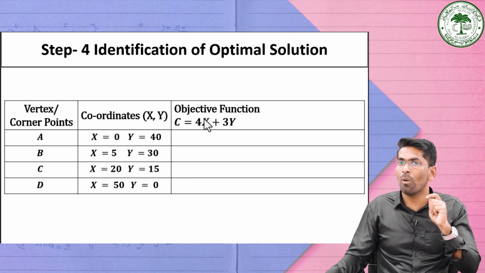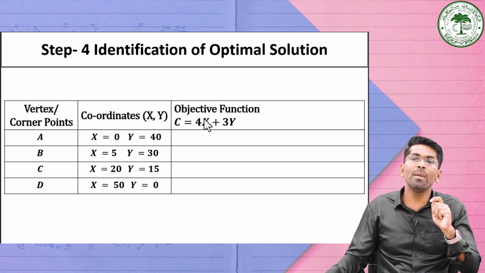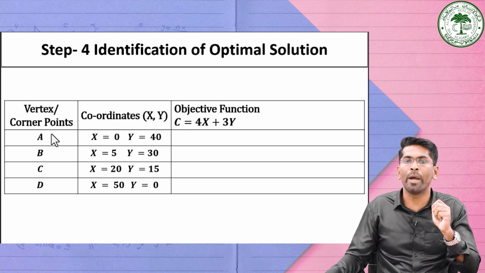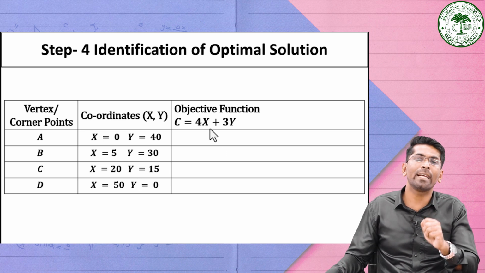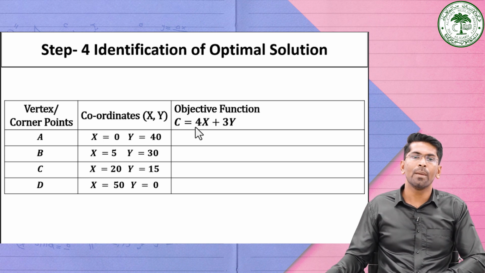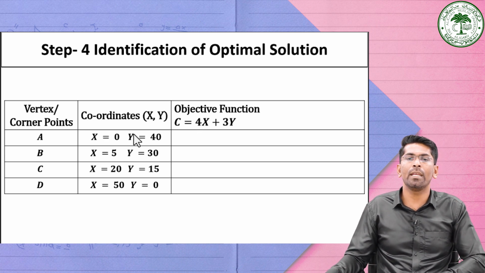In order to find the optimum point, our objective function is minimum cost, that is, minimizing our cost C from the given 4 corner points. So for that, we are going to substitute the values of x and y in the given objective function.